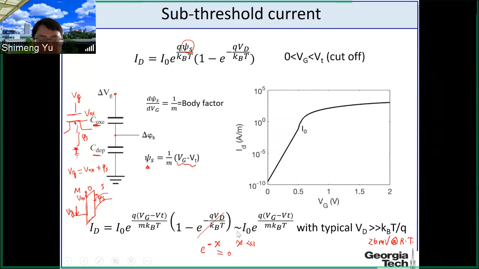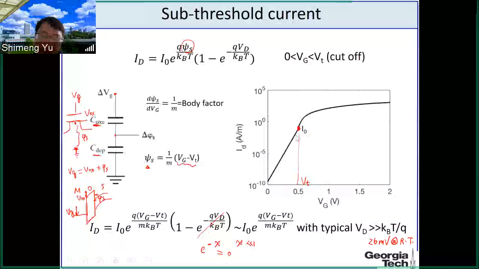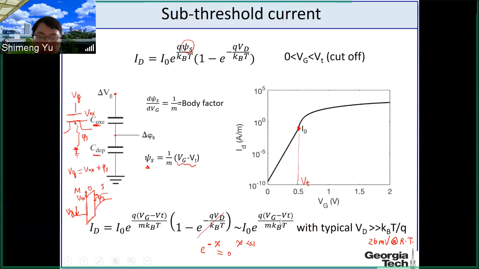So this is the equation we want to derive. The drain current only depends on the gate voltage, and this dependency is the exponential function. And I0 is the current here at the threshold voltage. Still, this is your threshold. And then below the threshold, this Vg minus Vt will be negative. So it's an exponential decay function.